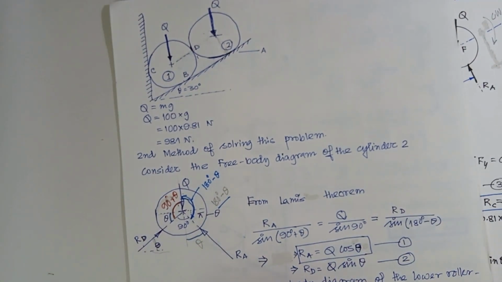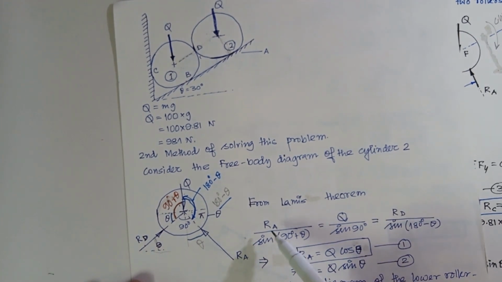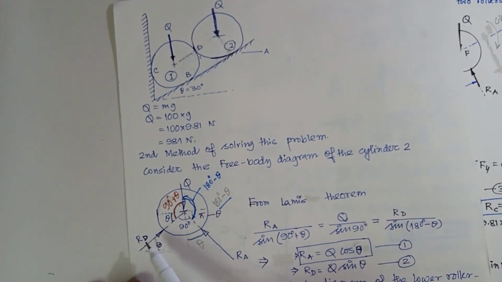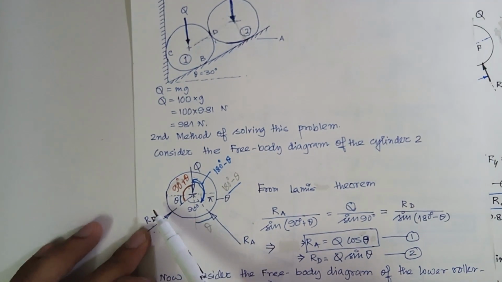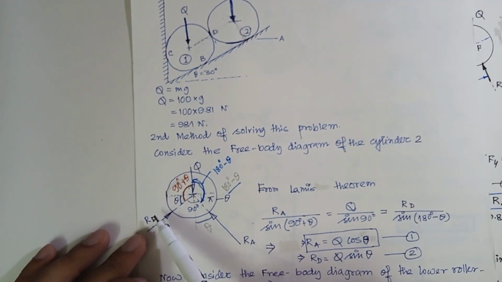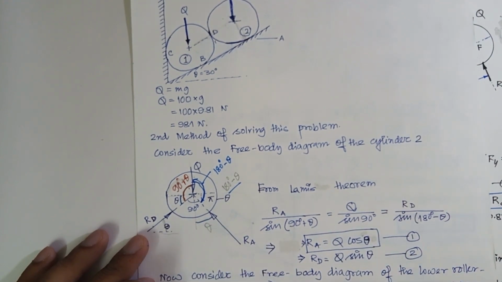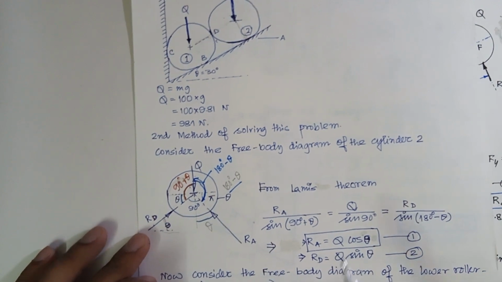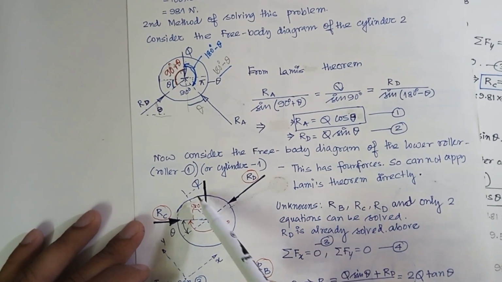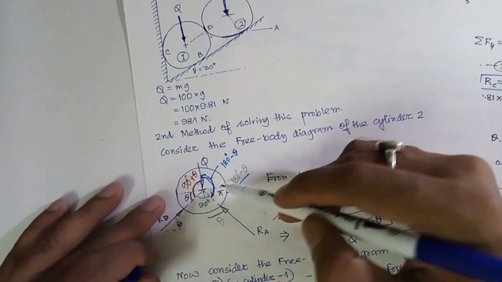Okay, so what we do is we write Lami's theorem. Here you see that RD is the one which actually in the problem I need not solve, but for this application we have to solve RD, otherwise we cannot solve for the other free body diagram. Okay, so first do that.